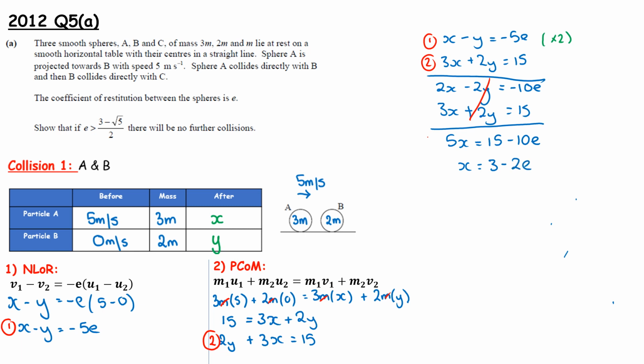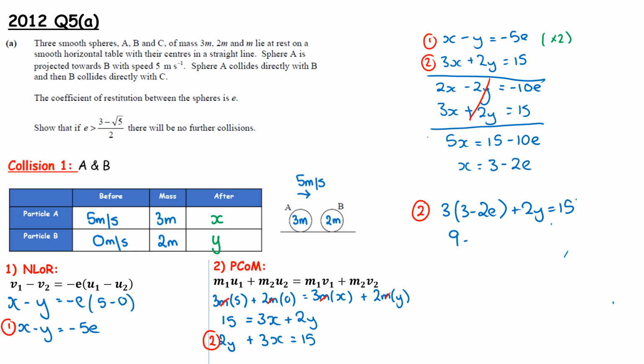And then we go back to whichever of our equations we want. I'm actually going to go back to 2 because 1 has it in terms of e, so 2 will be a little bit easier to work with. So 3 times 3 minus 2e plus 2y equals 15.